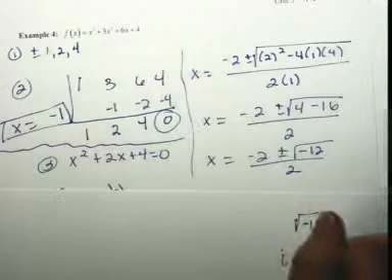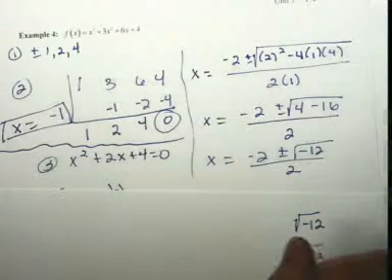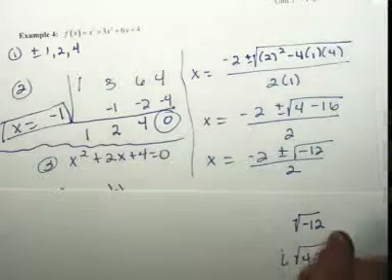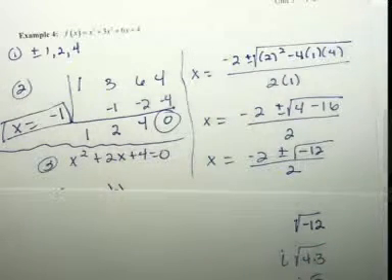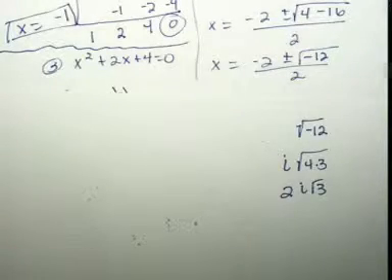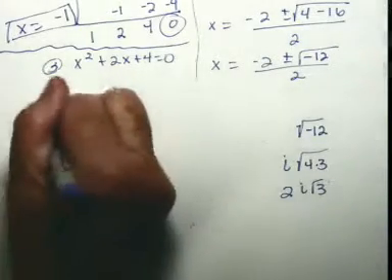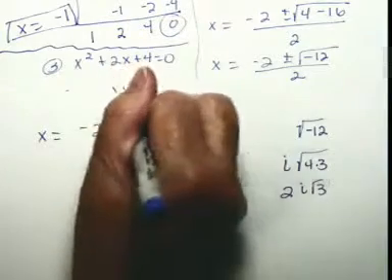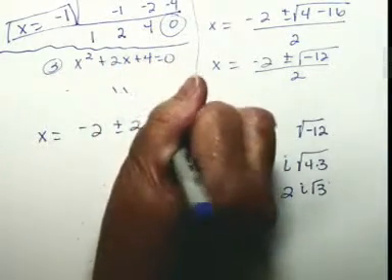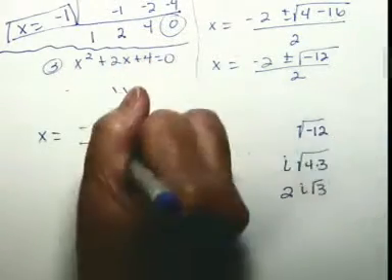Bring out an i. It's 4 times 3. It's 2i square roots of 3. Simplifying the square root of negative 12. So I have negative 2 plus or minus 2i square roots of 3 over 2.